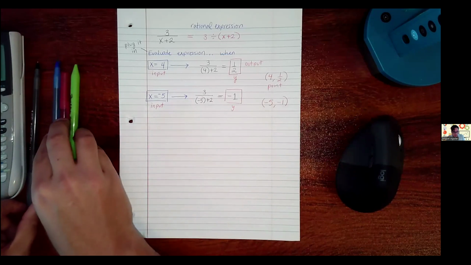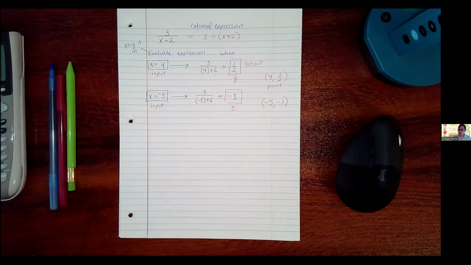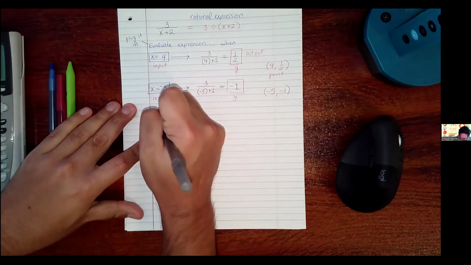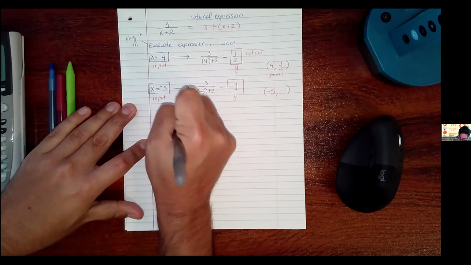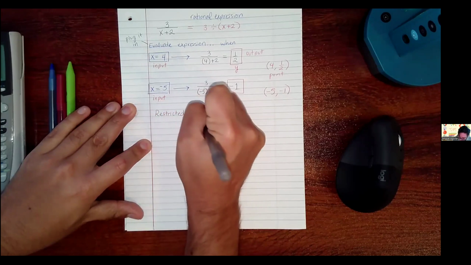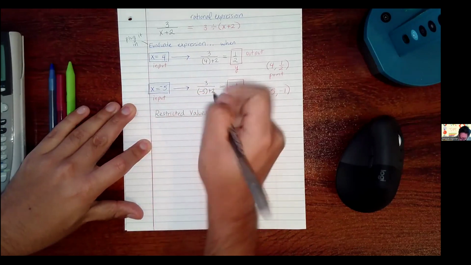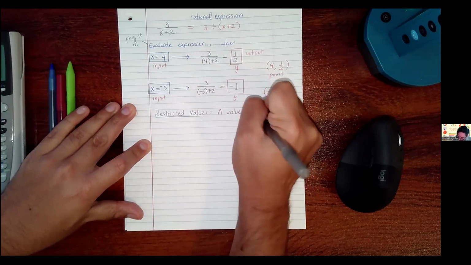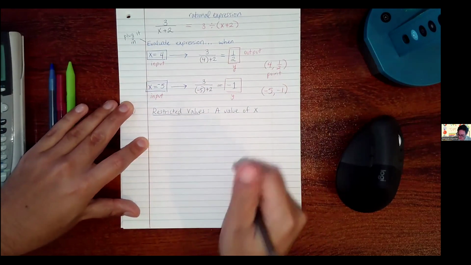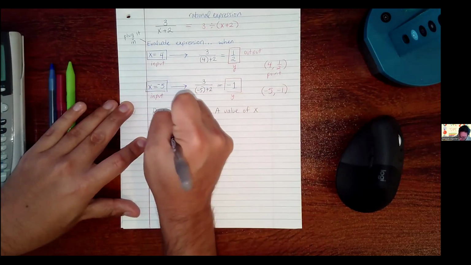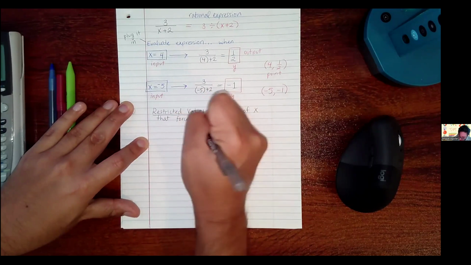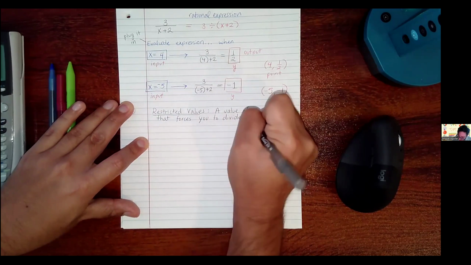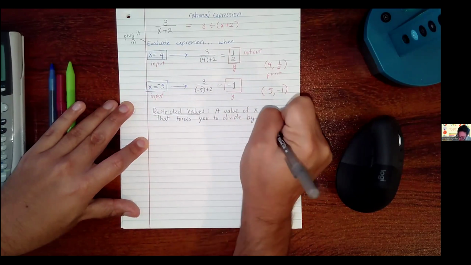Okay. But here's where we do need to be concerned. There are certain input values called restricted values. And a restricted value is a value of x, or whatever the variable is, that forces you to divide by 0.